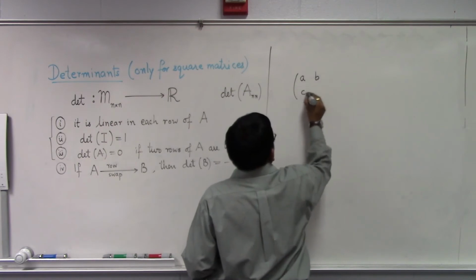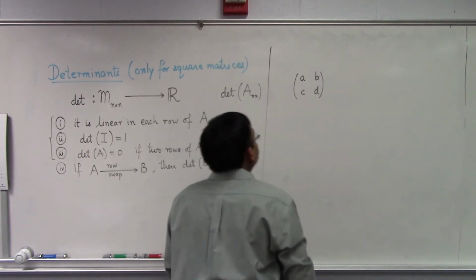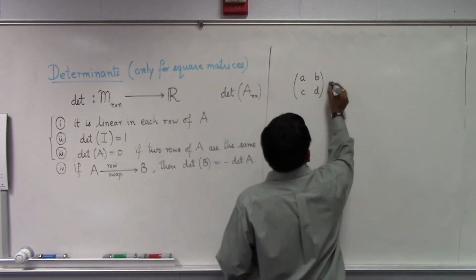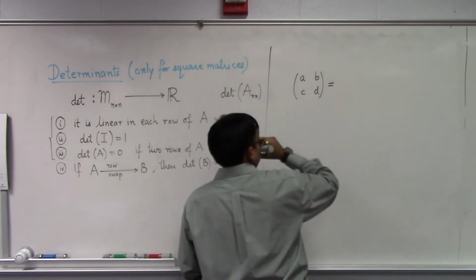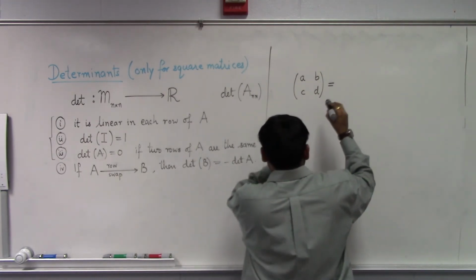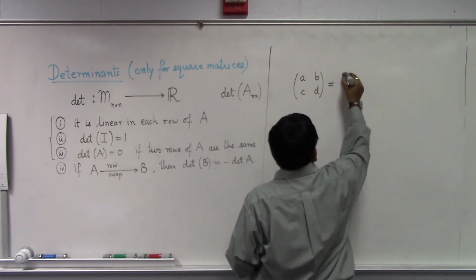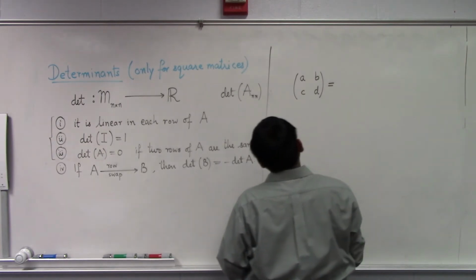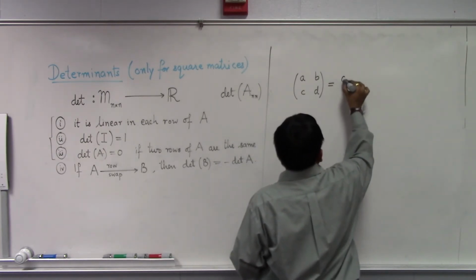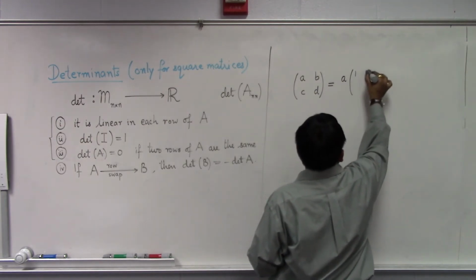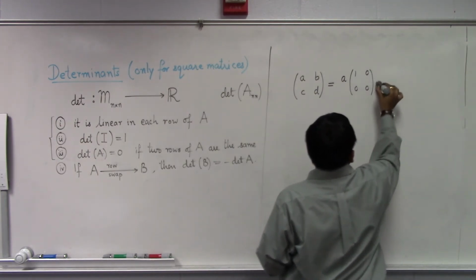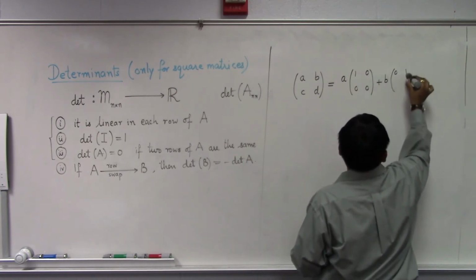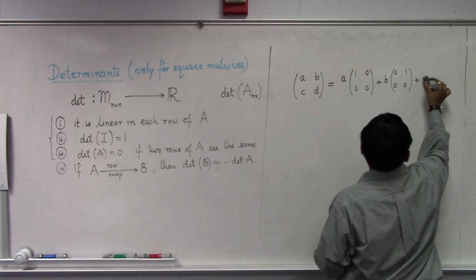So suppose I start with my matrix A, B, C, D. Then here is a possible way that we might be able to get some information.